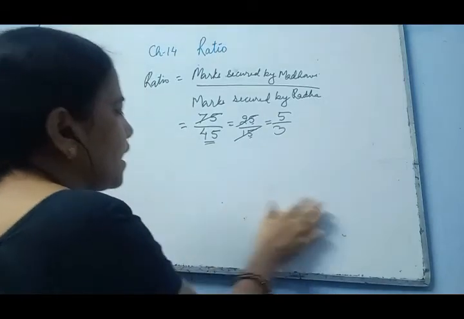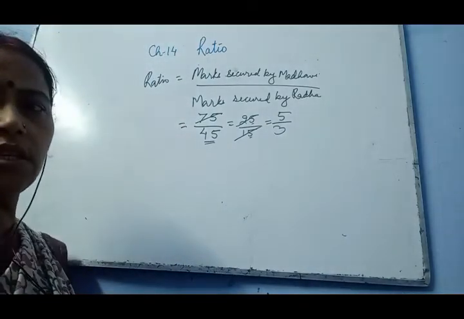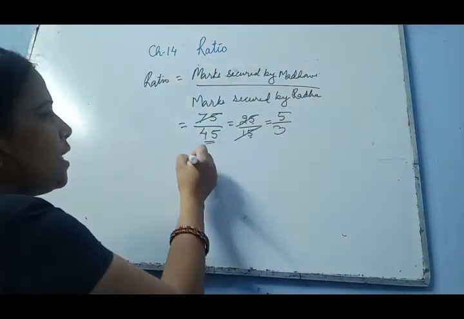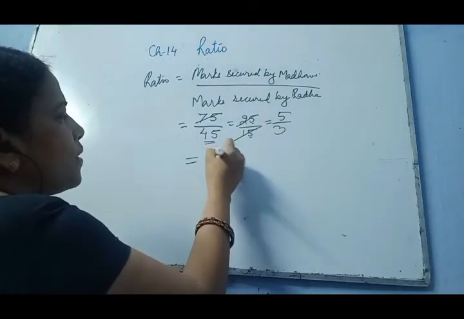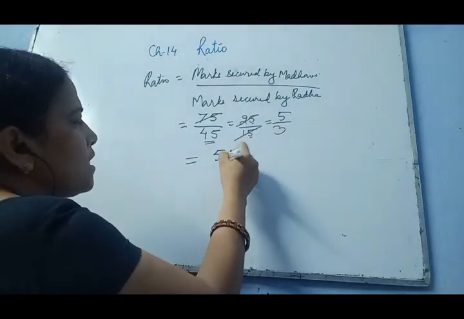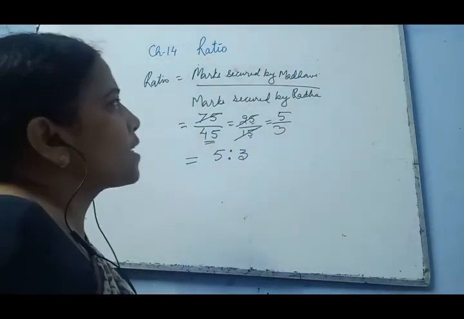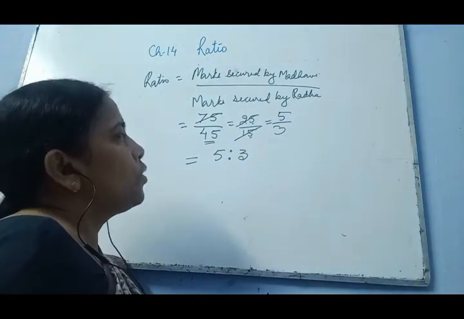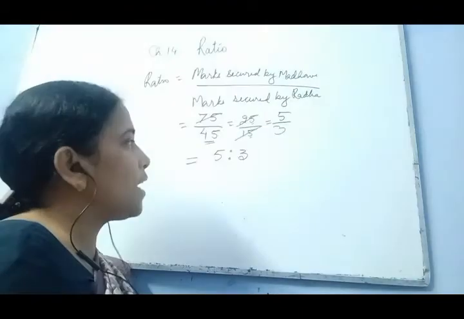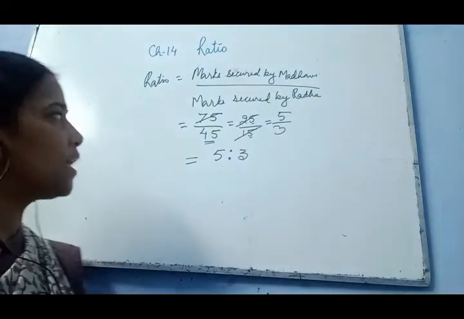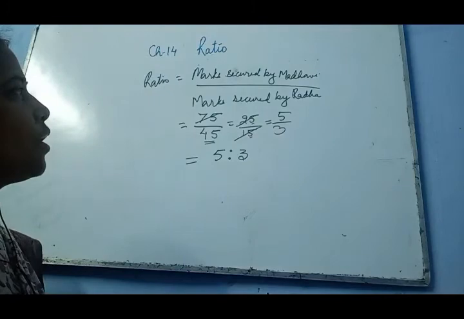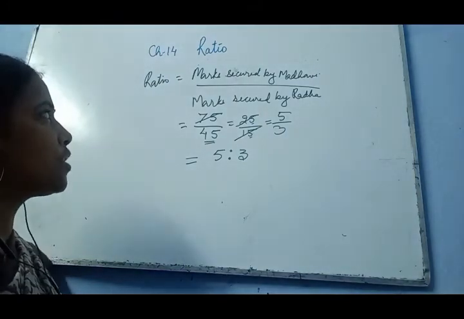Now 5 and 3, can they be further divided? They cannot be further cut. So we will write the ratio as 5:3. So the ratio of marks secured by Madhavi to the marks secured by Radha is 5:3. This is the way you are going to solve the question.